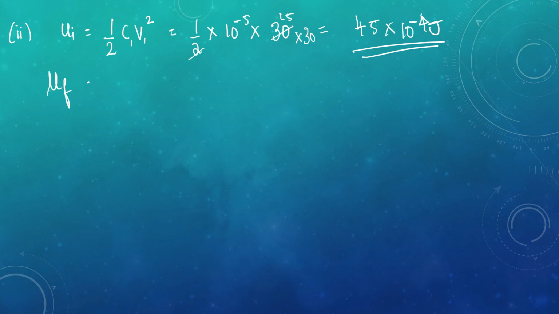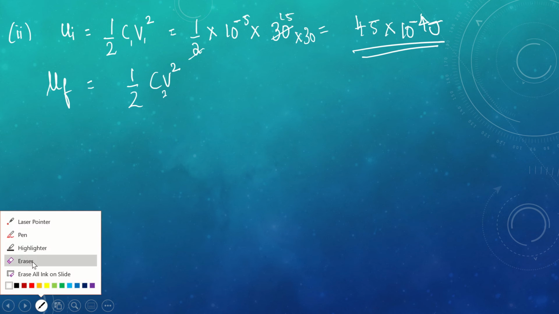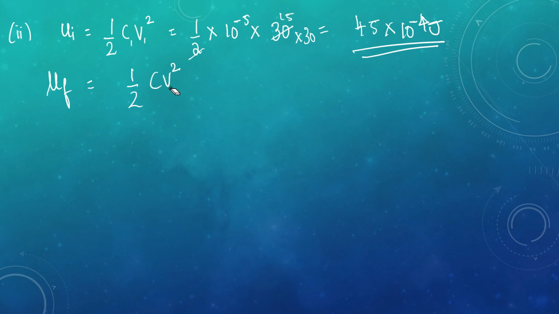Now U final is equal to half CV square itself. Since it is the final, will we take C2? No, that is where the problem comes. Here we are going to take the total capacitance, C effective.